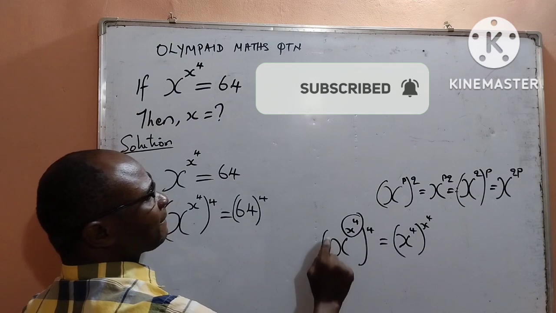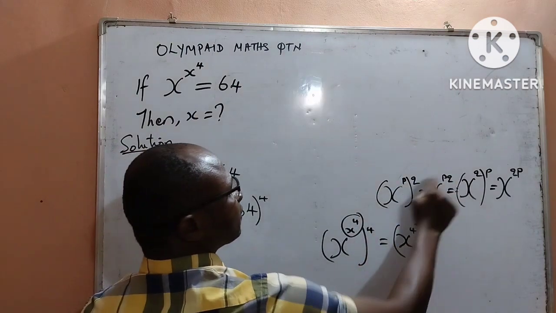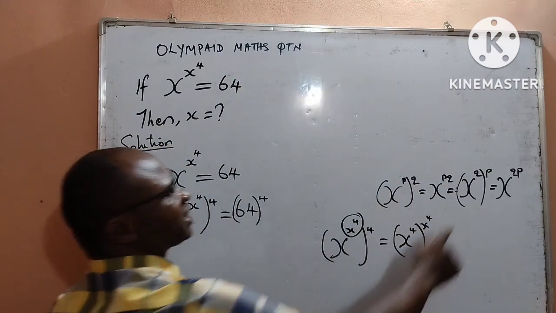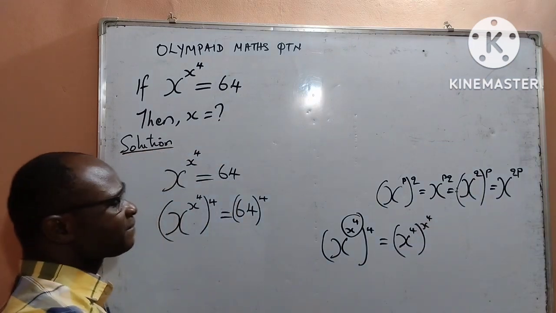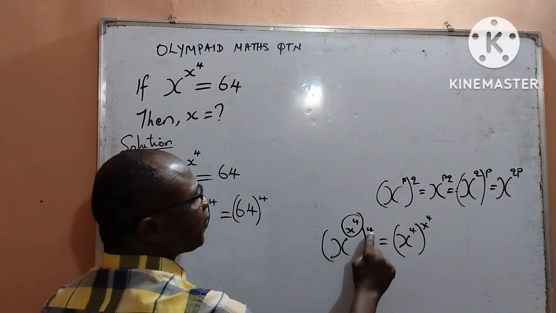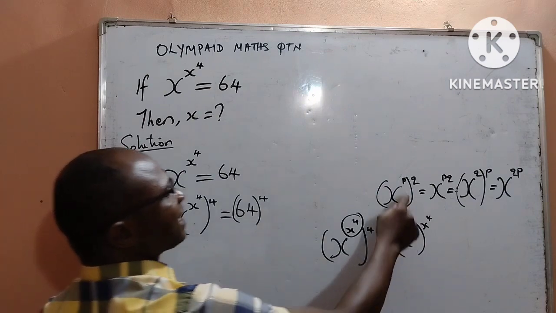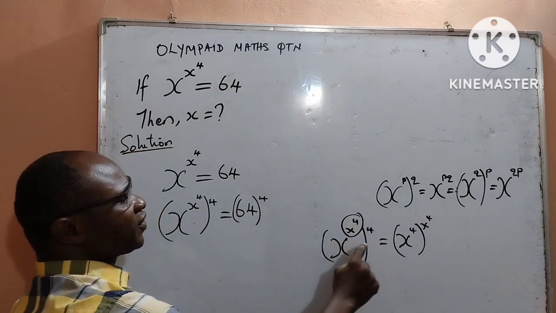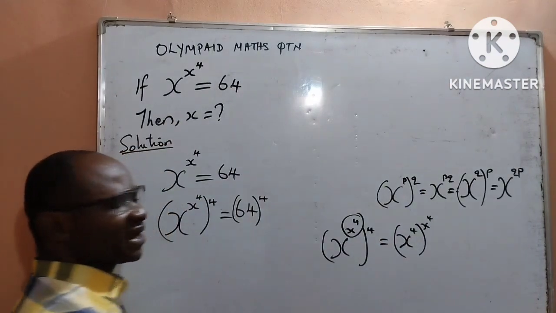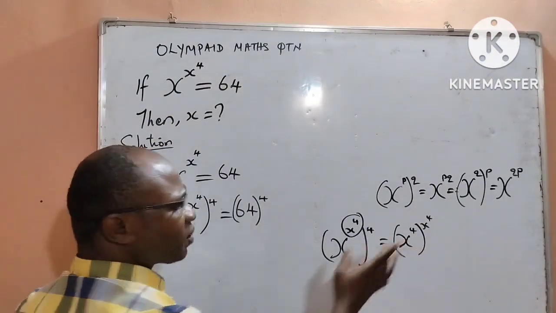Therefore, my 4 is my q coming into the bracket, and my p, which is x to the power of 4, going outside the bracket. Both of them are equal.